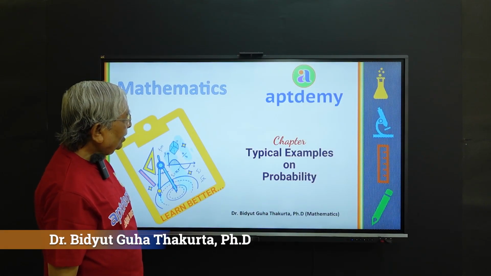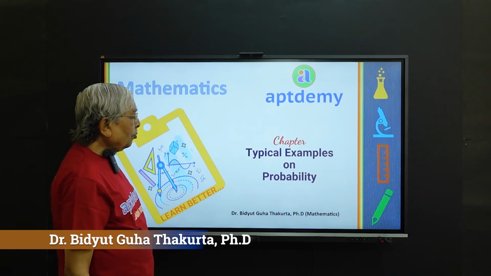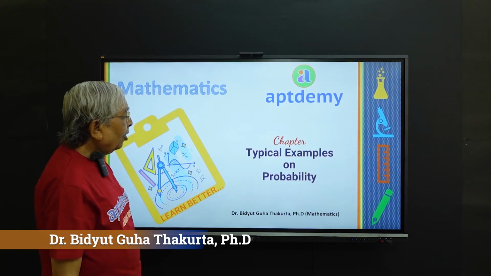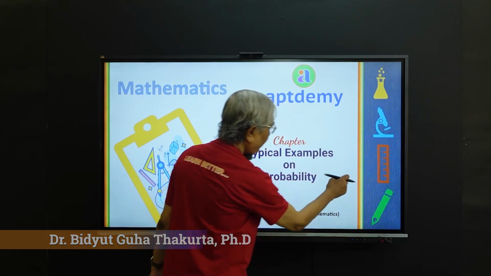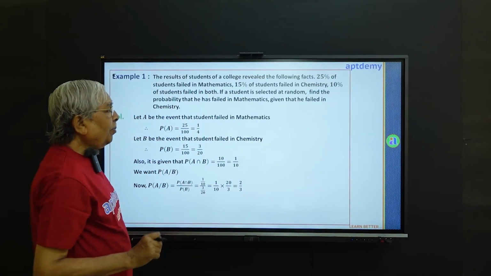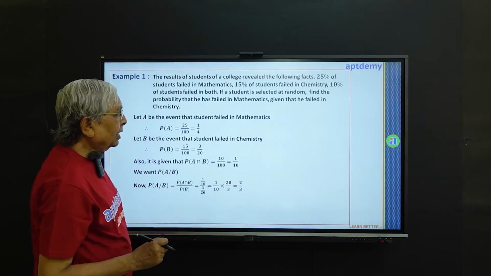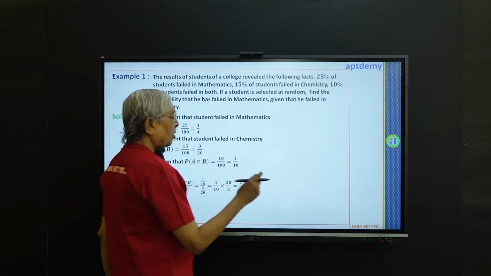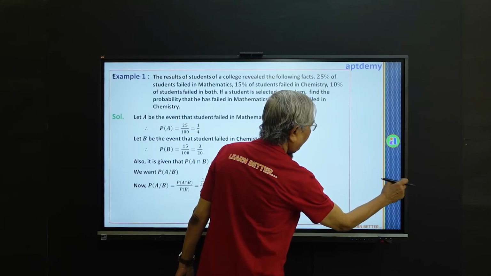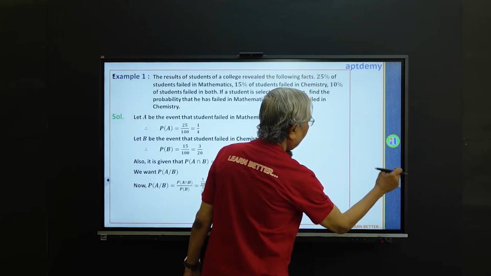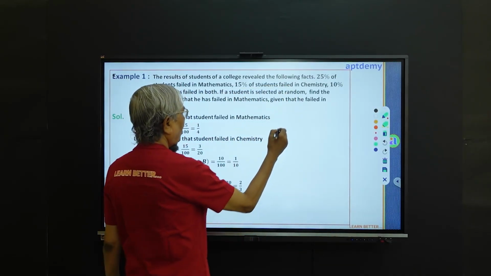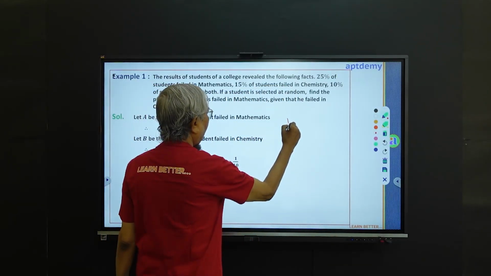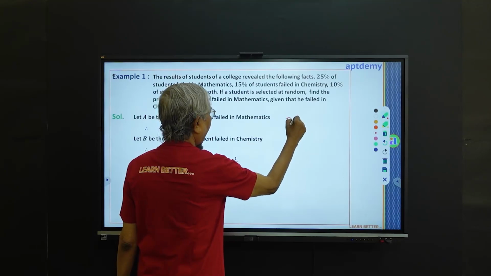Today we shall discuss some typical problems on probability, and in particular on conditional probability. Now what do you mean by conditional probability? We use the symbol probability of A by B, P(A/B).